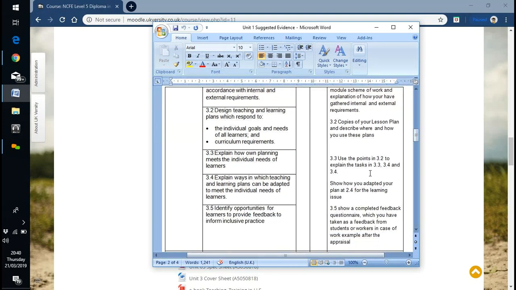And again, 3.3 moves on from that and says, you've got your scheme of work, then you've got your lesson plan, and then it's asking, explain how your own planning meets the needs of individual learners.